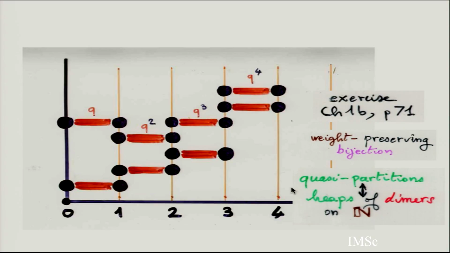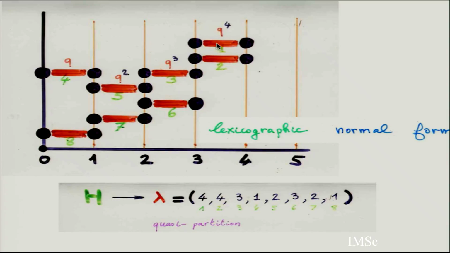So it was easy once you know the lexicographic normal form. The bijection was, you see, I take the lexicographic normal form, and I take the maximal piece and the rightmost maximal piece. So here is a general heap, and from this general heap of diamonds, I can get the quasi-partition.